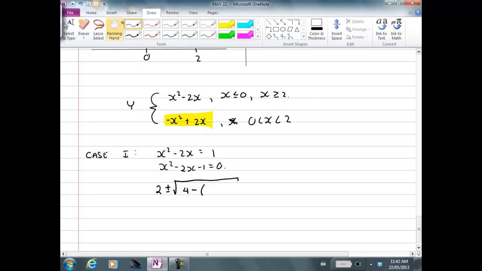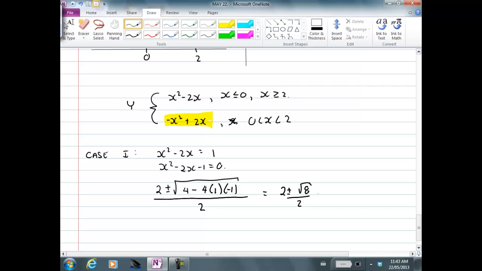Negative B plus minus square root of B squared minus 4AC, all over 2A. So I hear 4. A is 1. C is negative 1. All over 2. So what I have really is 2 plus minus root 8 over 2.